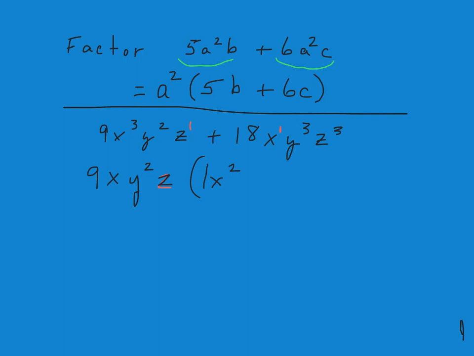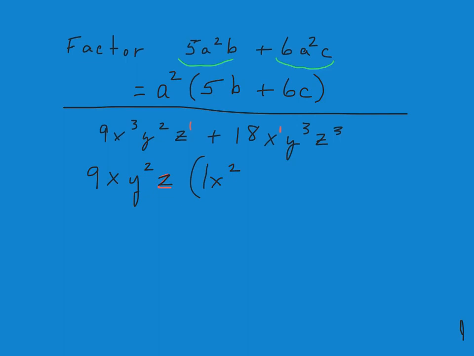It's understood to be there whether we write it or not. The factors of y, we started with 2 factors of y in that first term. We have factored out 2 factors of y, so there is no y left. There'd be y to a 0 if you wanted to write it down, but again, that's unnecessary.